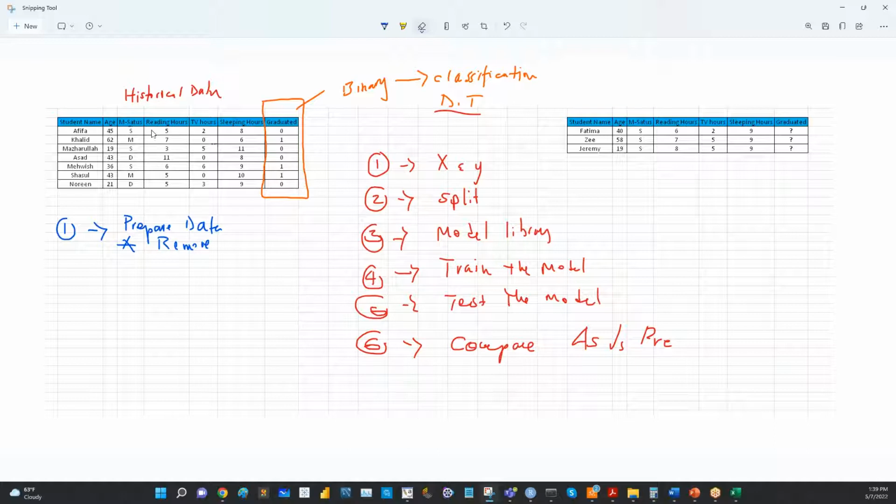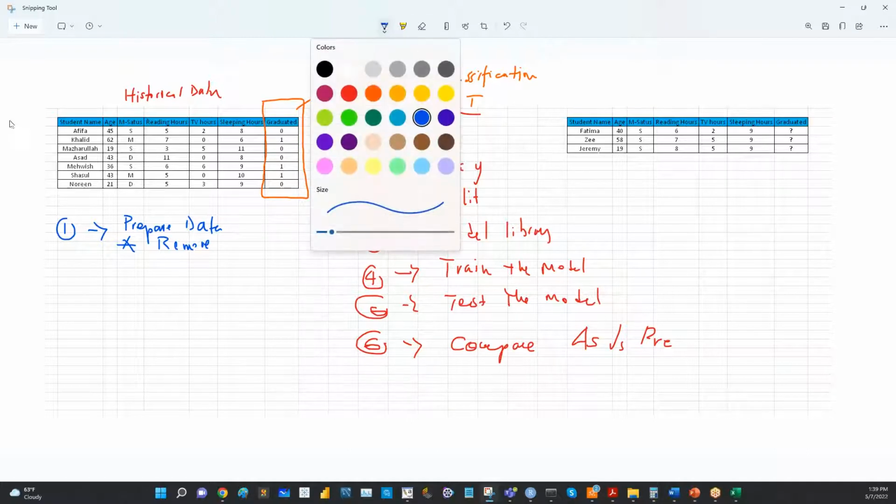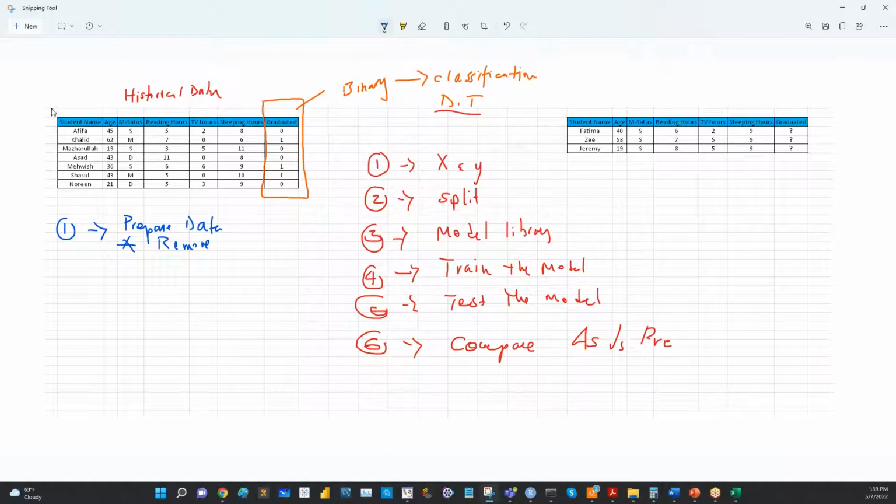We are going to keep marital status. We are going to keep reading hours, TV hours, sleeping hours, and of course the target variable. We remove the student name because this is simply too personal information we don't need.